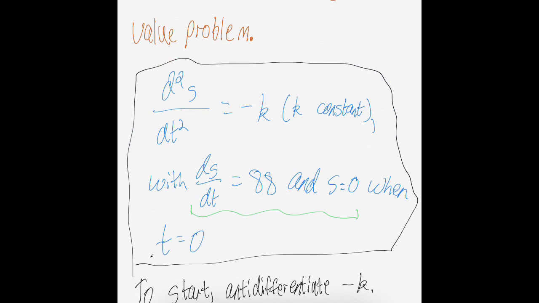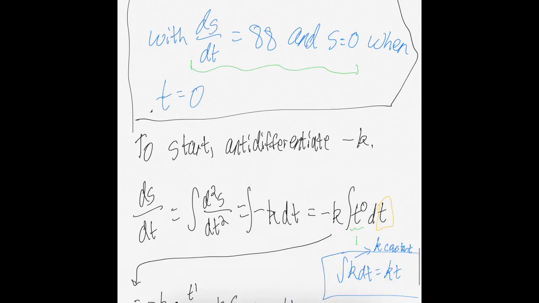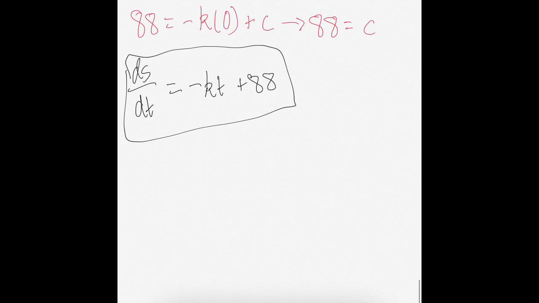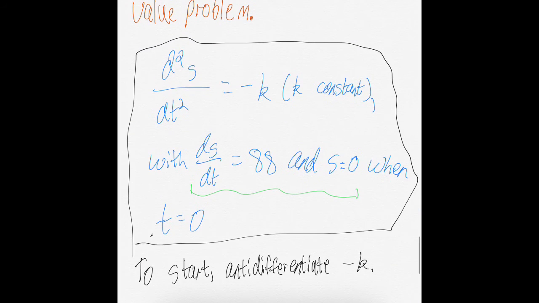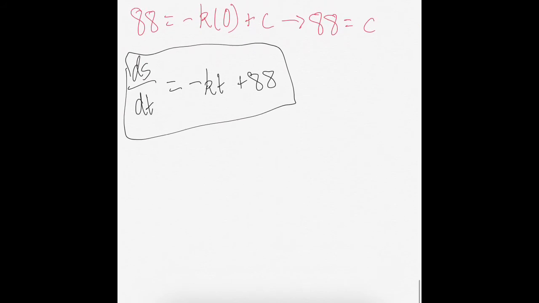So this is our solution to the initial value problem. Whenever you see something like this problem here, the initial value problem, what I put in a box here, the answer to that is going to be a function, in this case our function ds/dt.